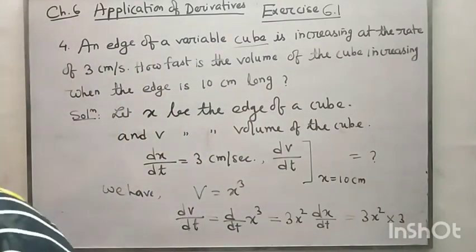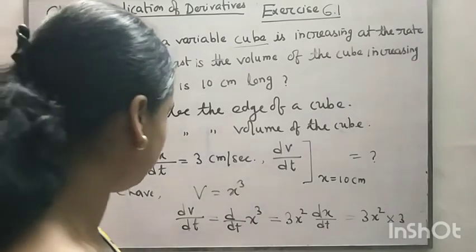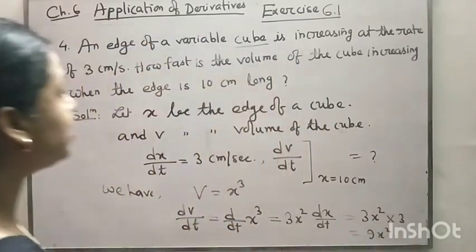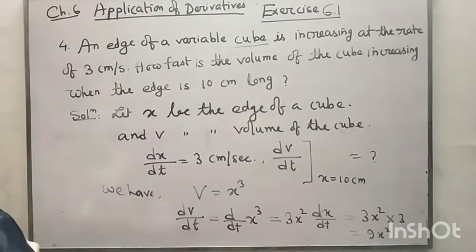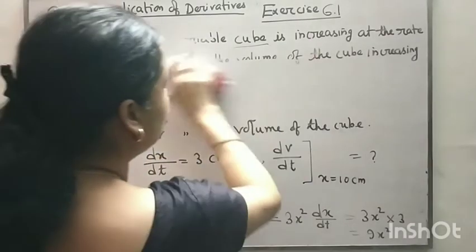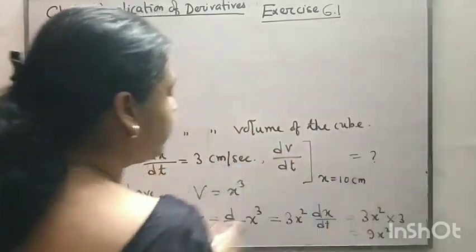Now you have got dv/dt equal to 9x squared. But your question is to find the rate of change of volume when the edge of the cube is 10 cm, that is, at the instant x equal to 10.